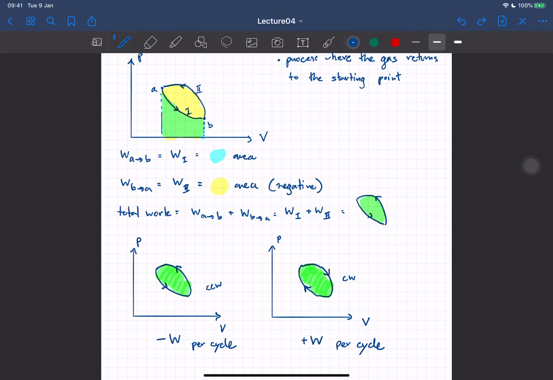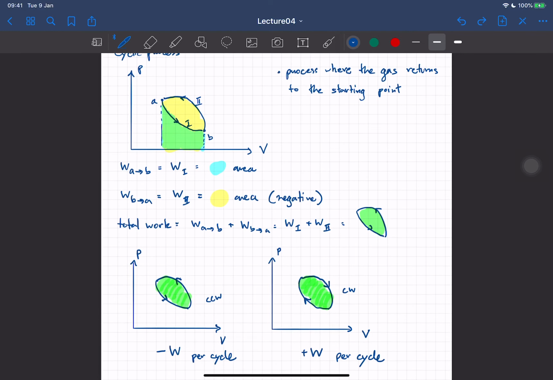So the blue area, let me draw it this way, is just the lower part. Maybe it's clearer like this. That's the blue area, and the yellow area is the one where we go back. So that's the whole thing. When you subtract them, you are left with just the center part, and that's the green area.